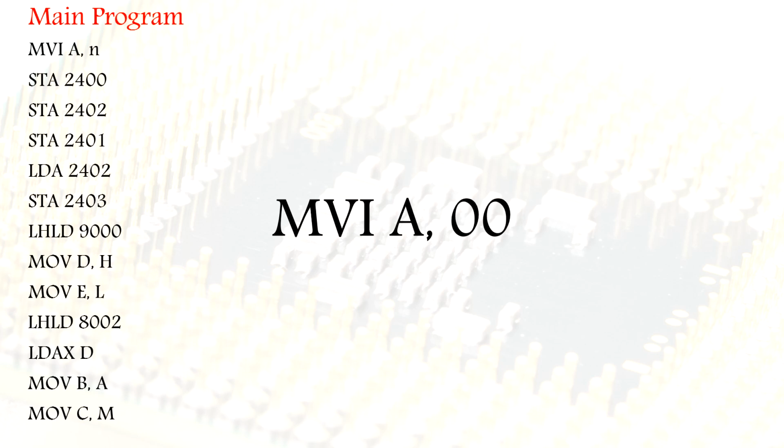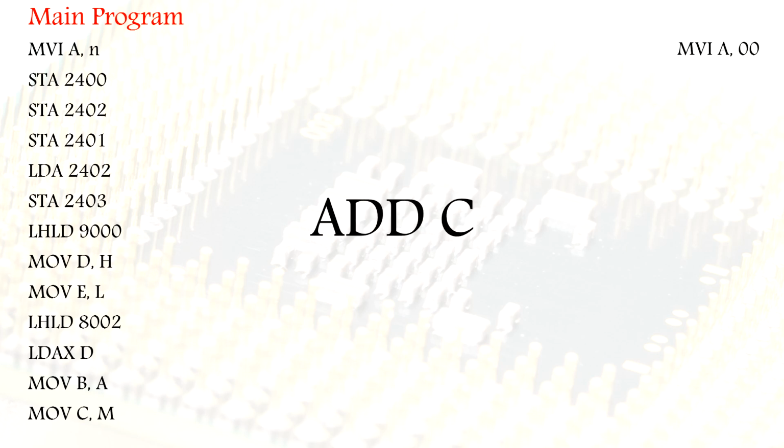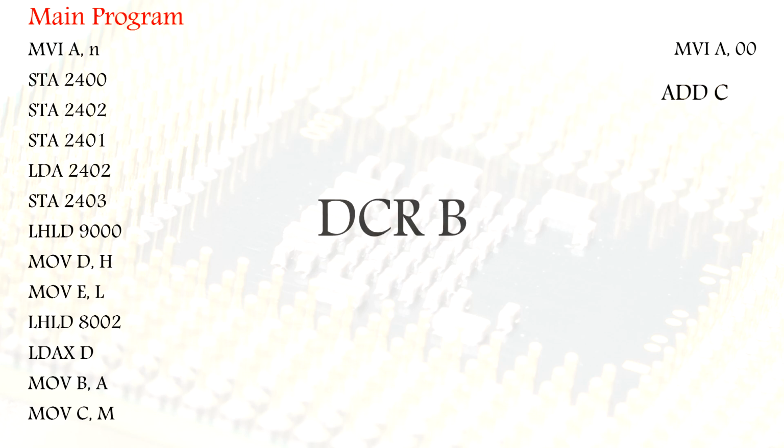Now we are resetting the accumulator, transferring 00 to the accumulator A. We have to simply multiply the contents of 2501 and 4501 that are stored in the C and B registers.